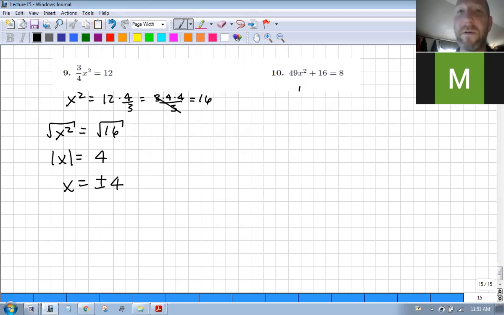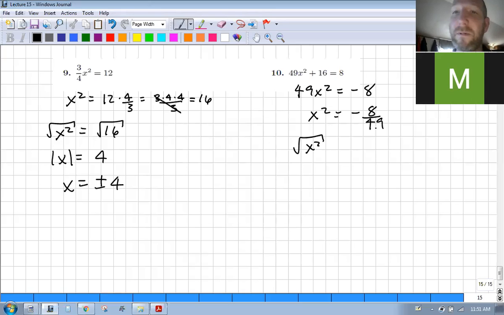Right over here, 49x squared, subtract 16 from both sides. Divide both sides by 49. I think we can reduce that. So let's see, that minus there is going to give us an i.